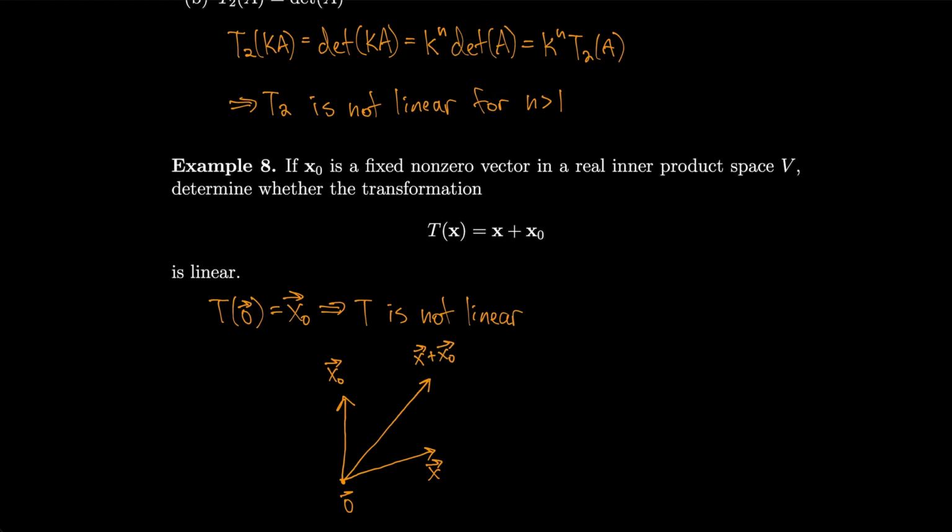So notice what this transformation is doing. It's taking some vector x and translating it along this x0 path so that you end up over here somewhere. So 0 ends up moving, translated away from 0. 0 needs to end up exactly where it started in order for a transformation to be linear.